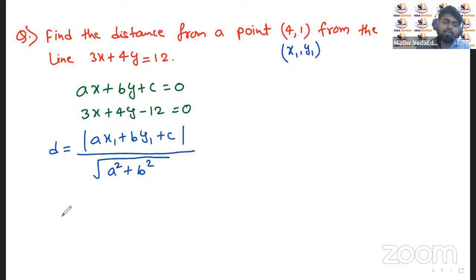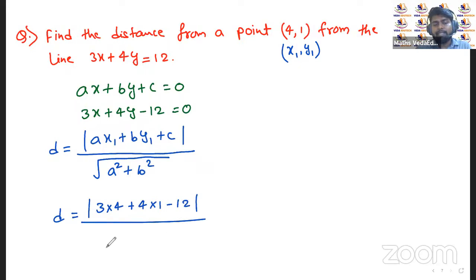Now we need to put these values in the equation, that is modulus of 3 times x1, which is 4, plus 4 times y1, which is 1, minus 12, whole divided by square root of the coefficient of x, that is 3 squared, and then the coefficient of y, that is 4 squared.